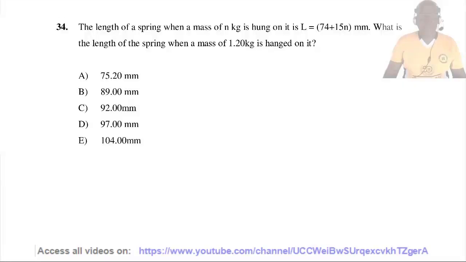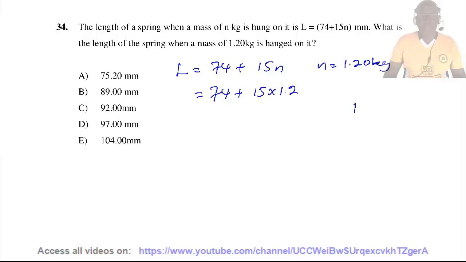Question 34. The length of a spring when a mass of n kilograms is hung on it is L equals 74 plus 15n millimeters. What is the length of the spring when a mass of 1.2 kilograms is hung on it? We know L to be equal to 74 plus 15n. When n equals 1.20 kilograms, we shall substitute into the equation: 74 plus 15 times 1.2.